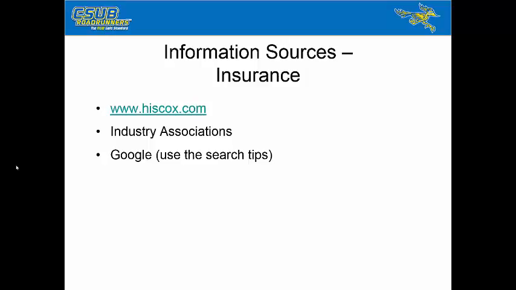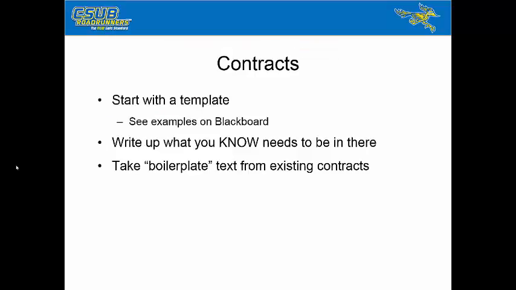Hiscox, HISCOX.com, is a great website that is specifically focused on small business insurance solutions. So I recommend that you go to that website in particular for resources. And again, industry associations in particular industries also have great recommendations for how to do insurance in a small business setting.